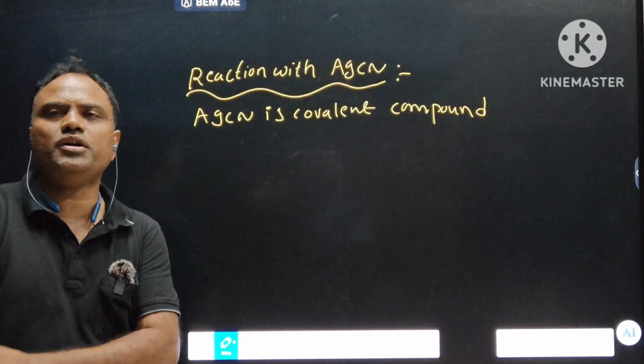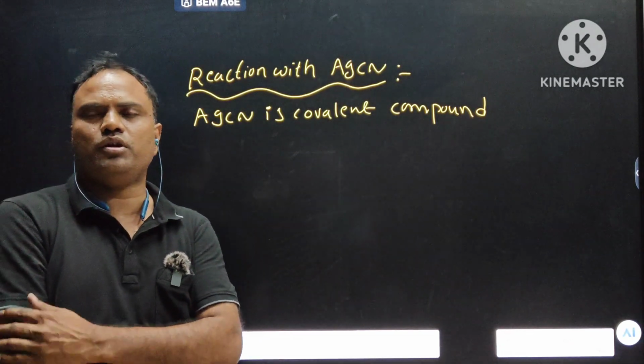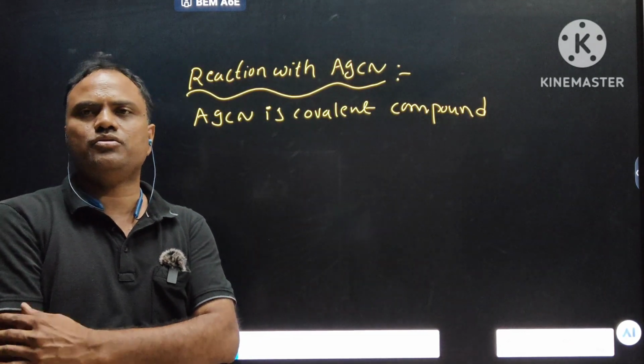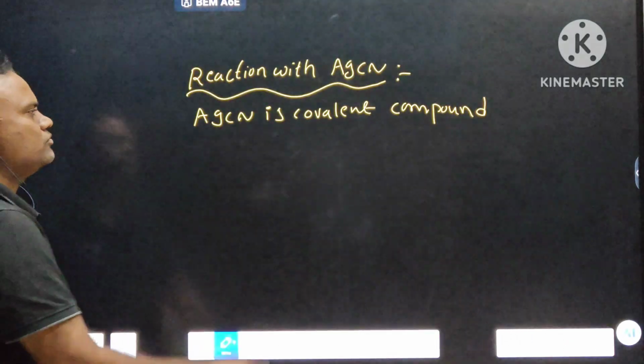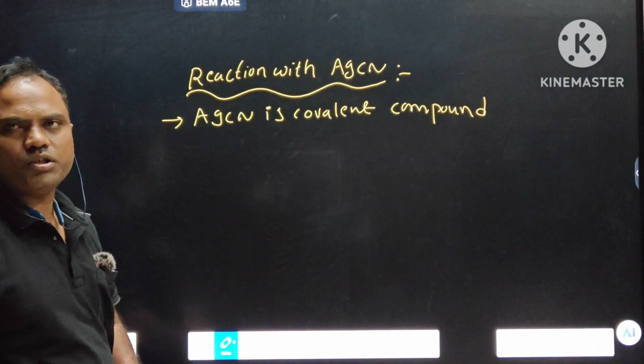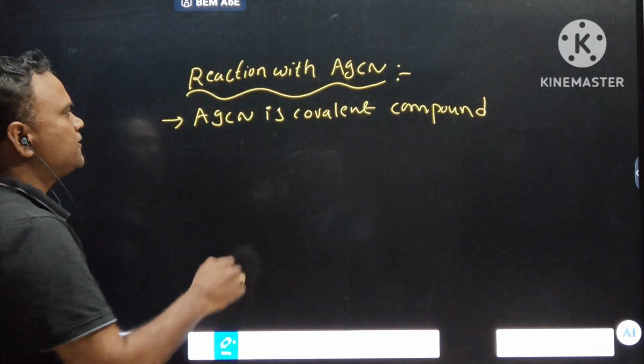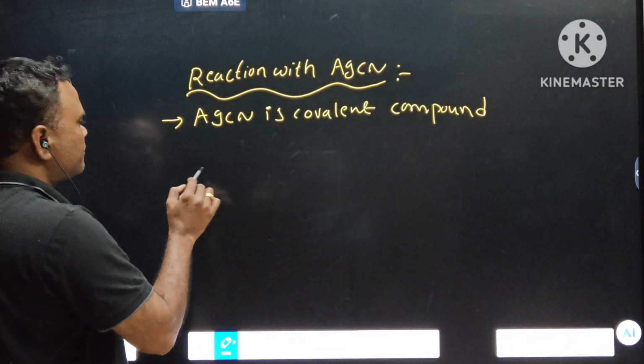AgCN is covalent, so covalent compounds do not undergo dissociation. Right. So we are not dissociating that covalent compound. Look at this.